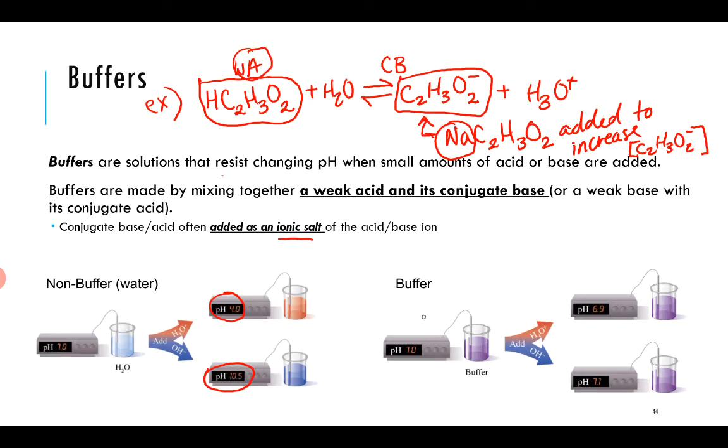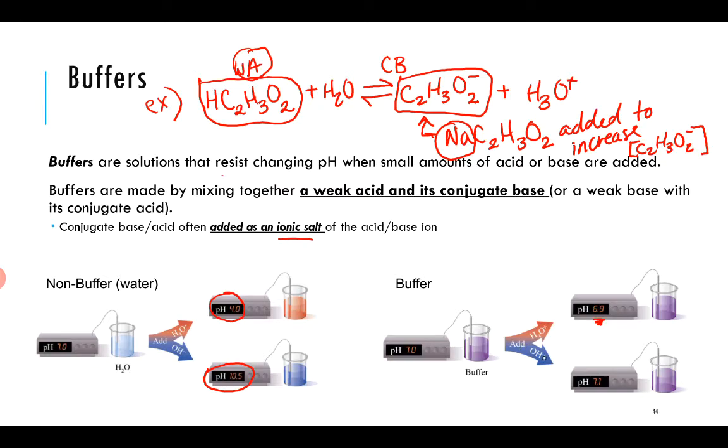But on the other hand, if we had a buffer solution with the same pH as our water, pH 7, and then we added H3O+, that's going to add more here, and that's going to make our backwards reaction react more, and we're going to reform some of that. And as a result, we have a very small decrease in our pH.